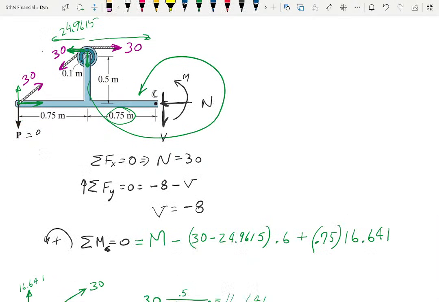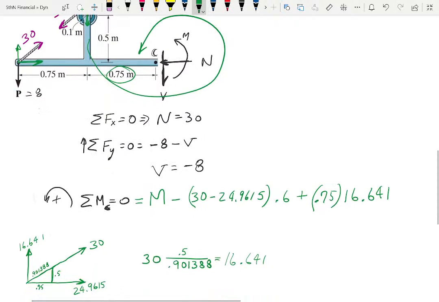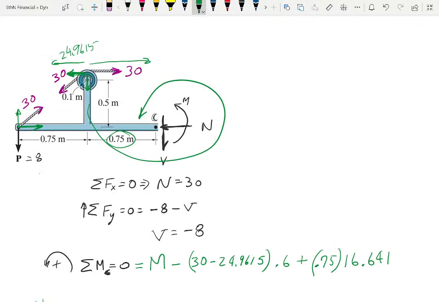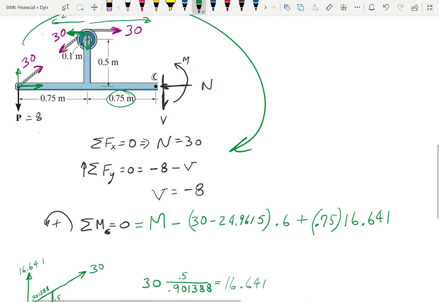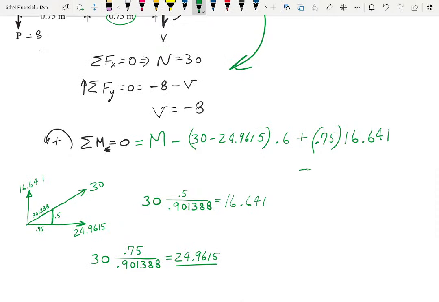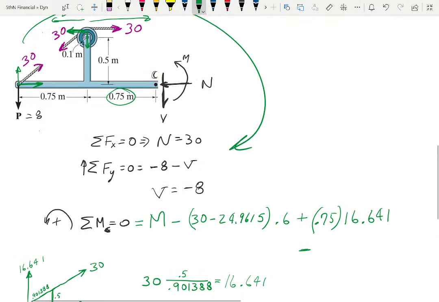So you're going to have an 8 point something going up and in this way, and that's going to be a minus, and its moment arm is going to be 1.5, and it's going to be 8.641.